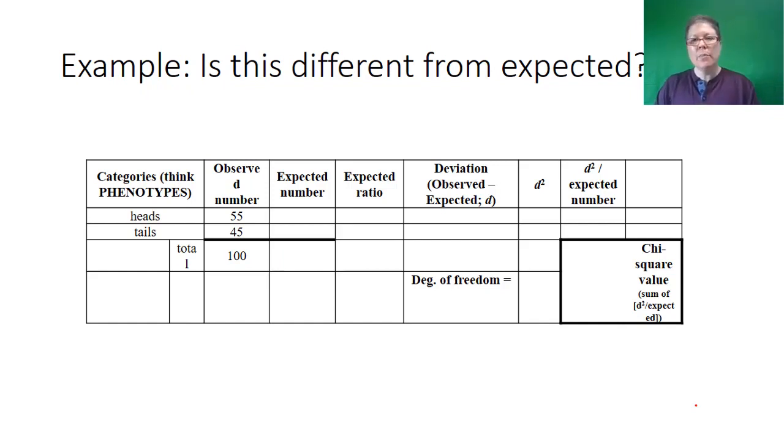So if you flip your quarter 100 times, you would expect 50% of the time you'd have heads and 50% of the time you'd have tails if the quarter is clean and normal and everything goes the way it should. All right, so if you flipped it 100 times, you would expect 50 heads, 50 tails, or a 1-to-1 ratio of heads to tails.